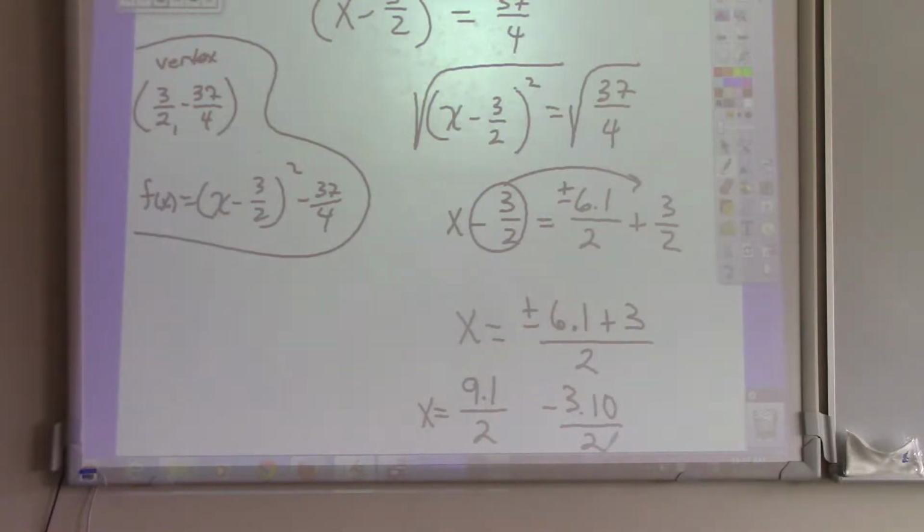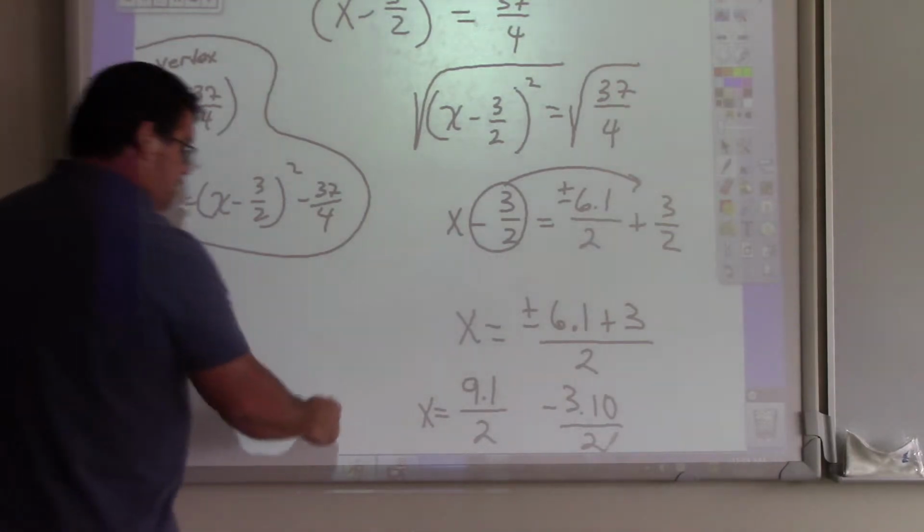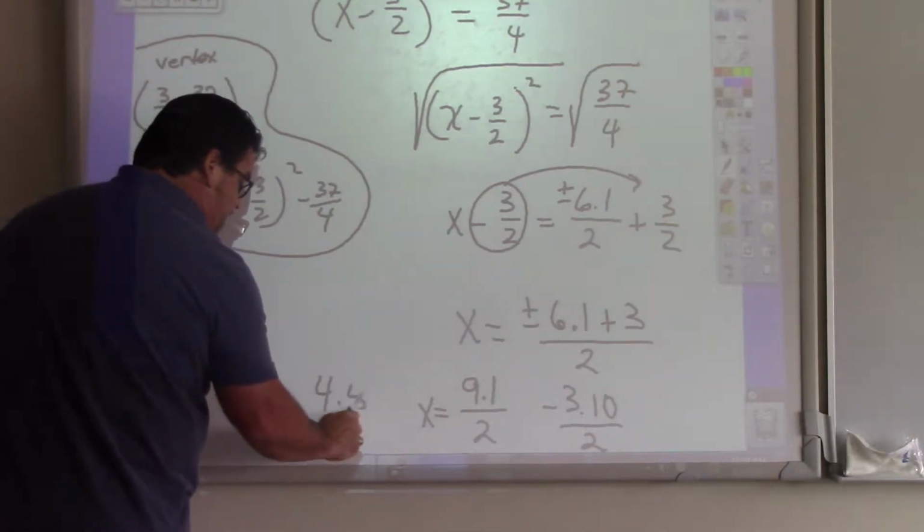I rounded up. Half of 9 is 4 and what? Half of 9 is 4.50. And what's half of 10 cents? 5 cents. So you take that 5 cents, you add it to the 4.50, and you have what? 4.55.